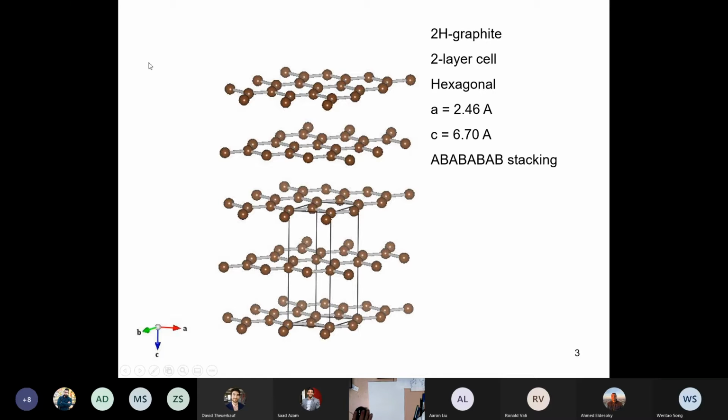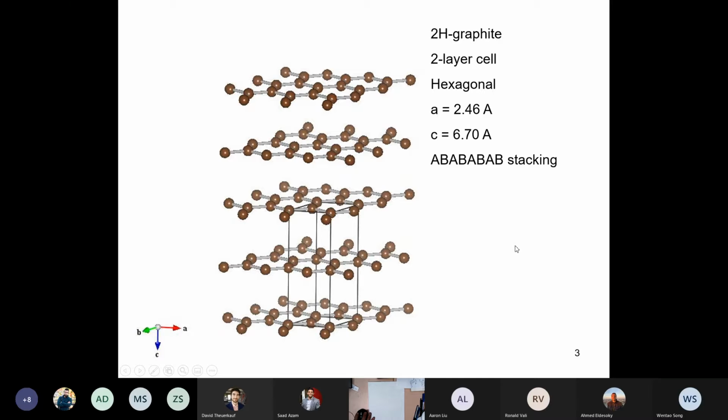So this is the structure of graphite viewed from the side. It's called 2H graphite. It has a 2-layer unit cell, and it has AB-AB stacking. And I want to draw on my document camera what's being talked about here, because it's a little bit different than hexagonal close packed layers.